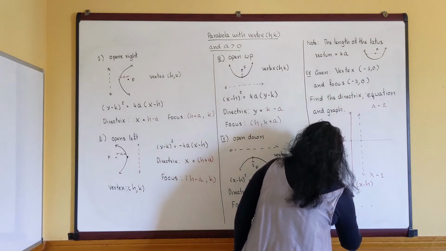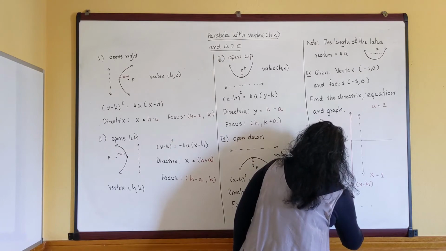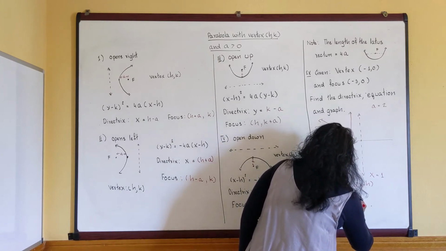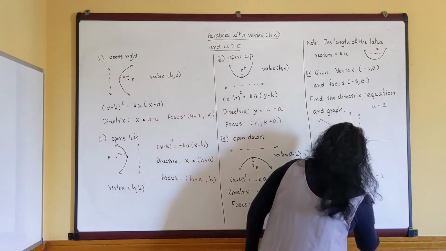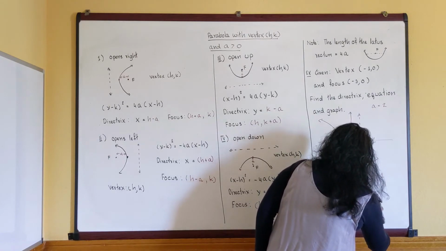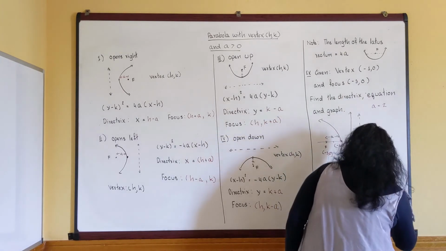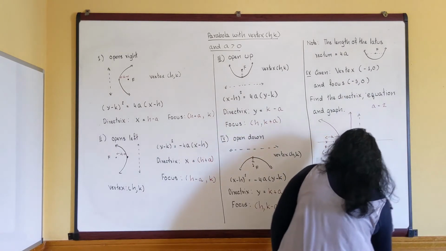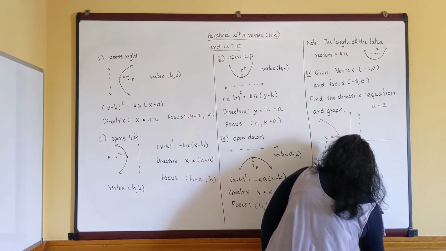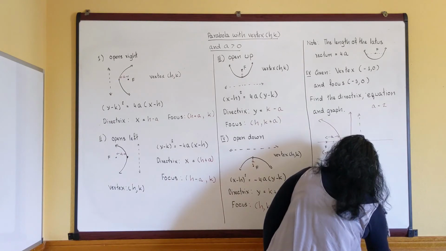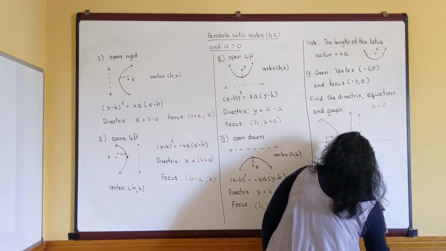So I'm going to have (y minus 0) squared equals -4, my a is 2, times (x minus h). h is -1, so it's going to be plus 1. So y squared equals -8 times (x plus 1).